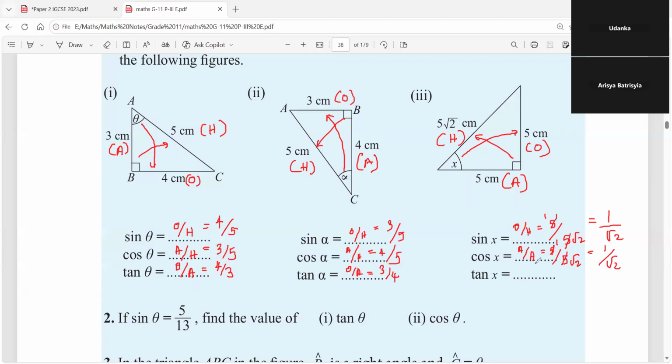Next, the last one. Opposite over adjacent. What should be there? 5 over 5. 5 over 5 is actually what? 1.